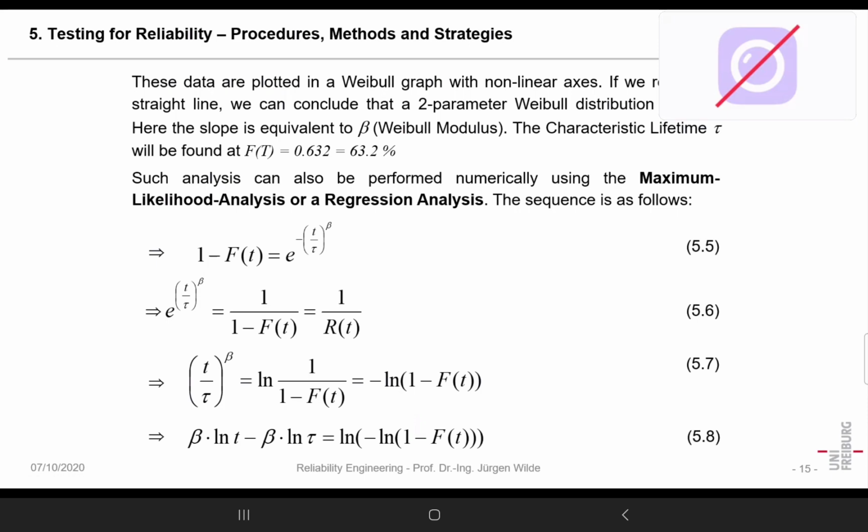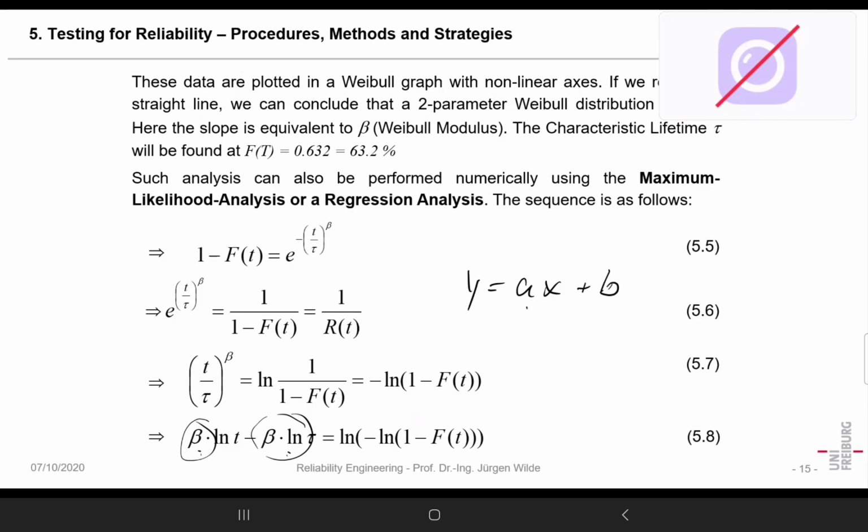And then you can say logarithm of that term here is just beta times logarithm of time minus beta times logarithm of tau. That's a constant, and that's a constant. And you could also say y is ax plus b. So that second here is the b, and that here would be the slope.